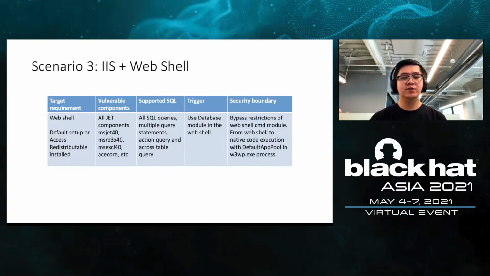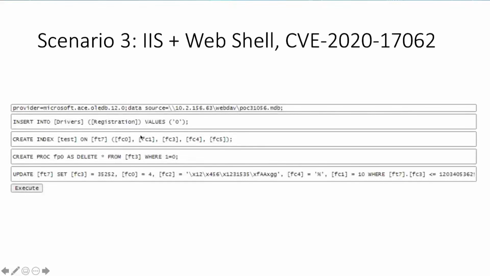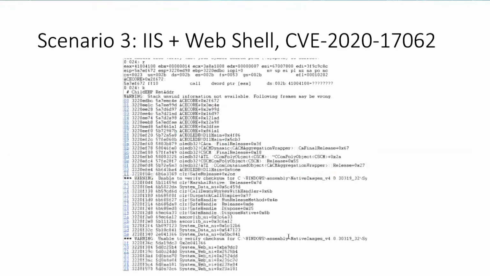No restriction for the SQL query, and you can use a database module in the web shell to trigger. Here is an example. You can see we set provider and we set data source and execute those 4 SQL queries in the web shell one time, and then successfully caused the IIS crash.